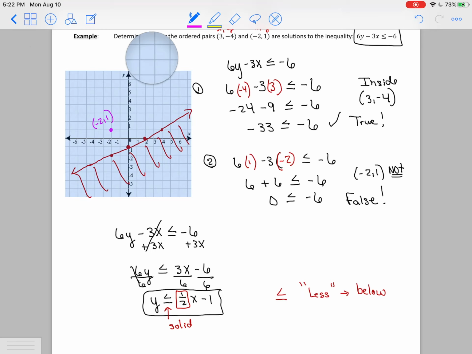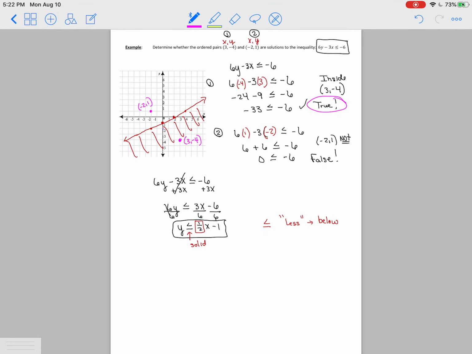And over here we have 3, -4. You can see that 3, -4 is definitely in that shaded region below. And we found out that that was true. And the -2, 1 is not. It's false. It is not involved in that solution.